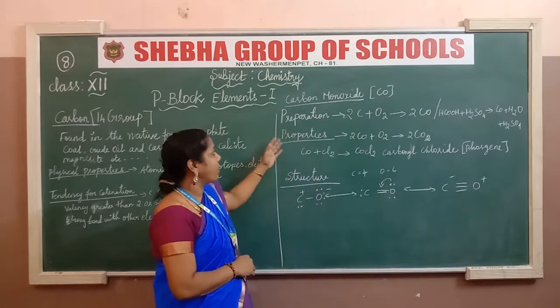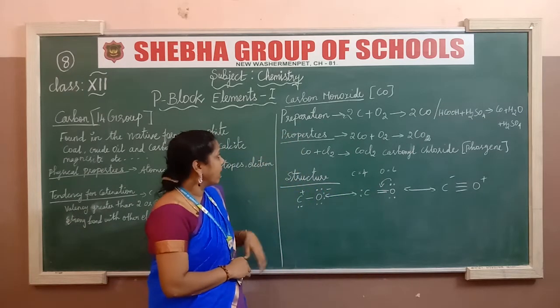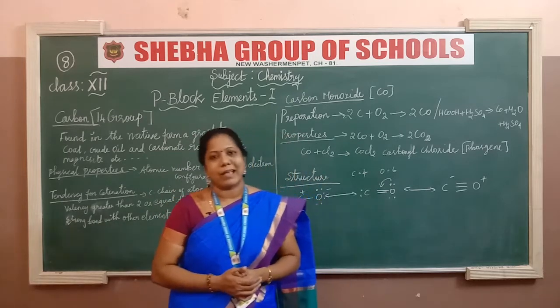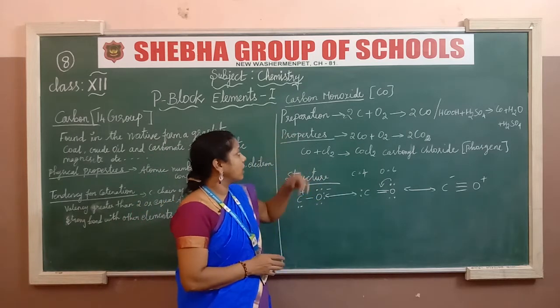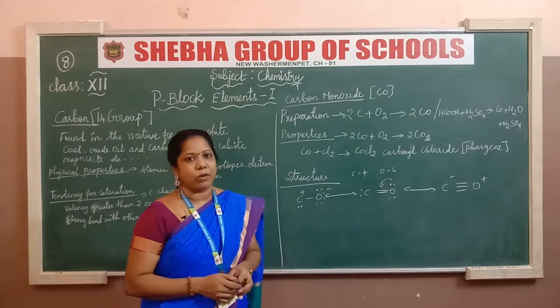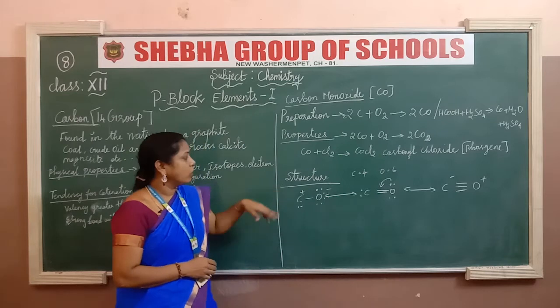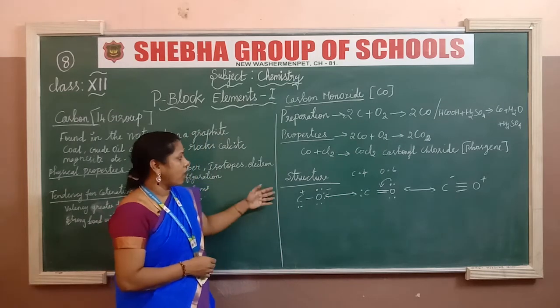This is the properties of carbon monoxide. You have to know that it is a harmful gas in our environment; you know in daily life how harmful carbon monoxide is. You have seen the preparation and properties. And go for the structure of carbon monoxide.